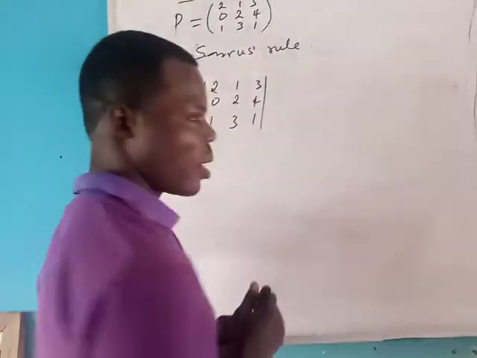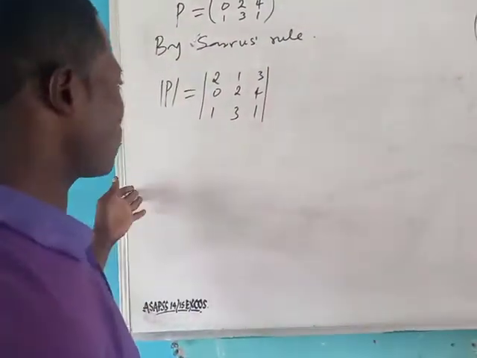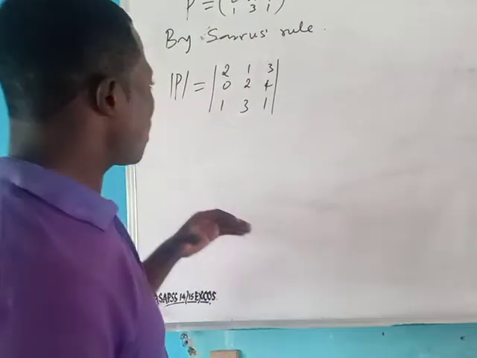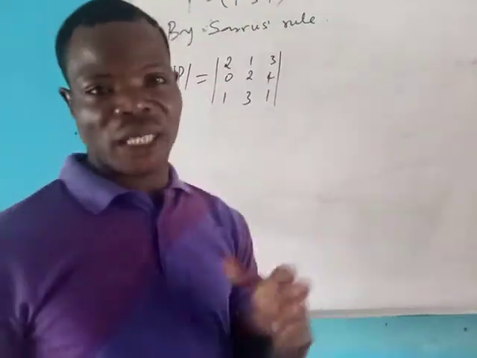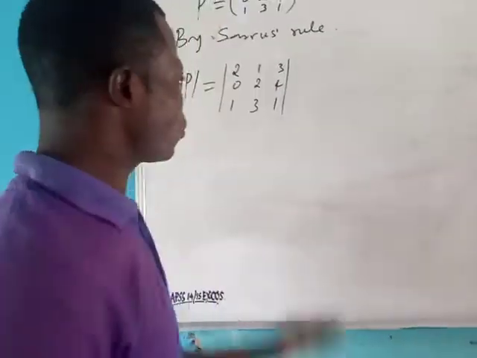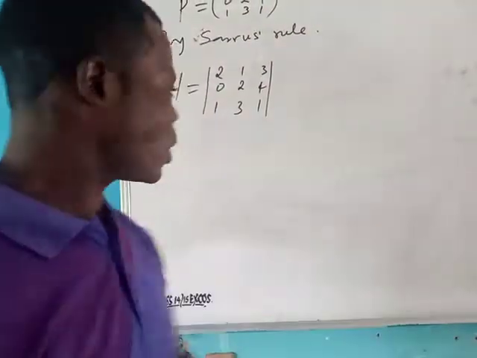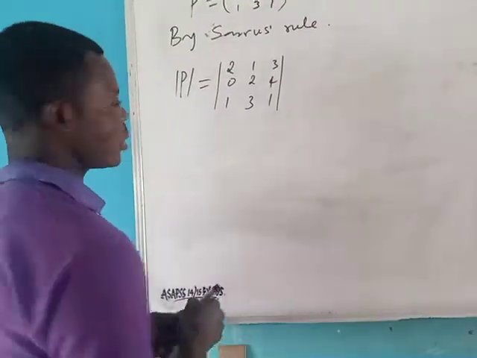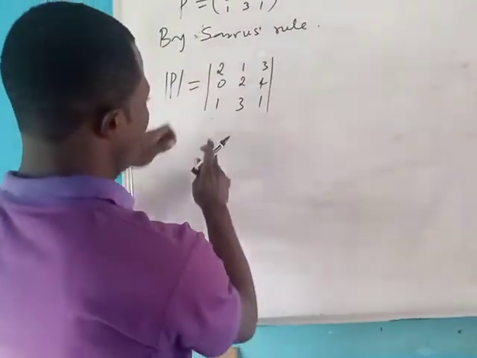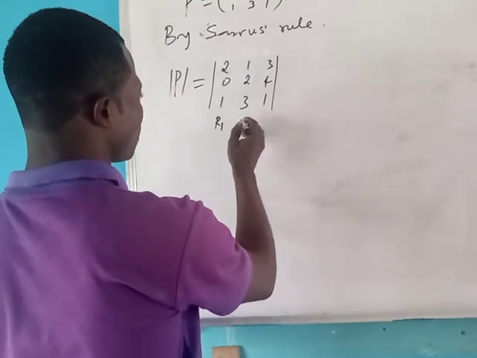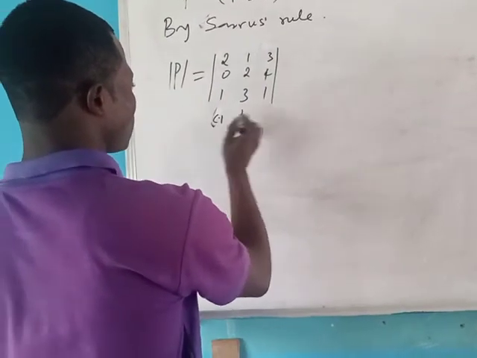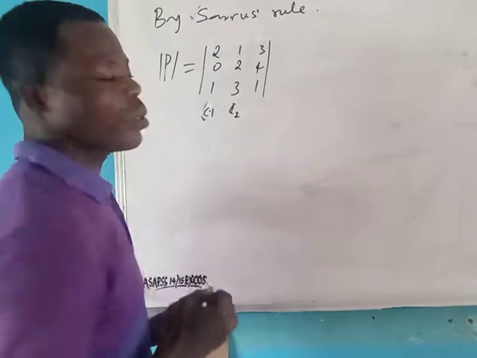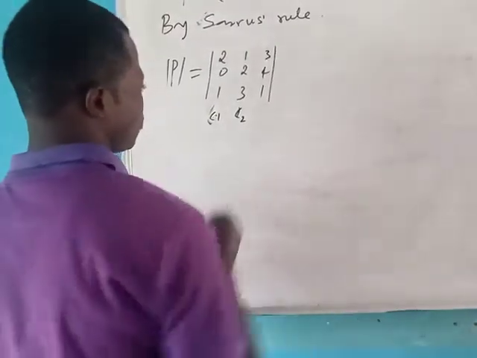So the law of the Sarrus method implies you repeat the first 2 columns. You add it to the given original matrix. That is, we are repeating column 1 and column 2. So we are repeating it by adding it to this.